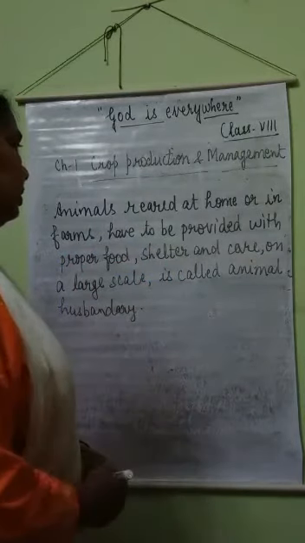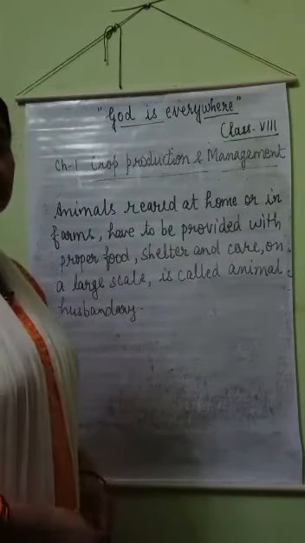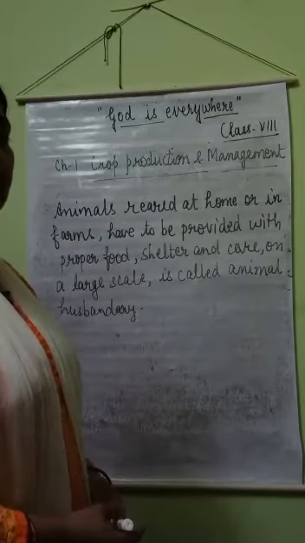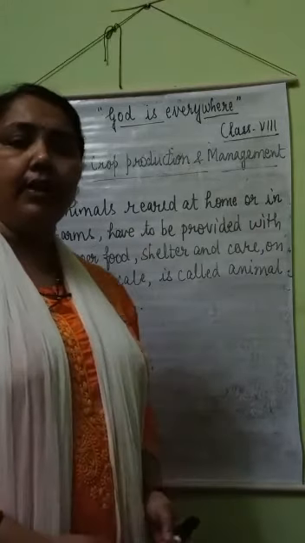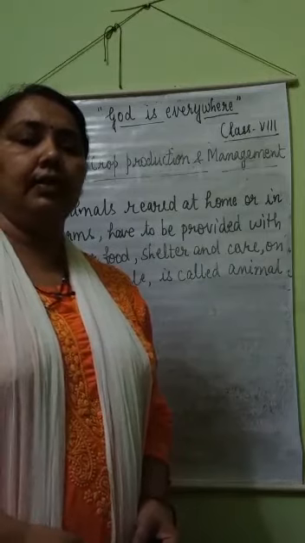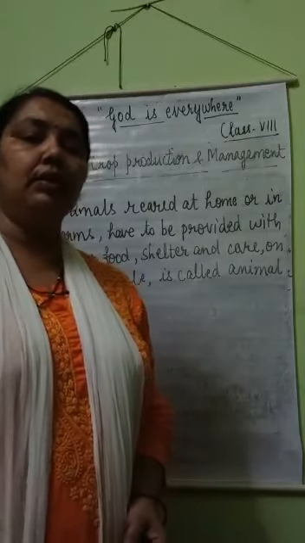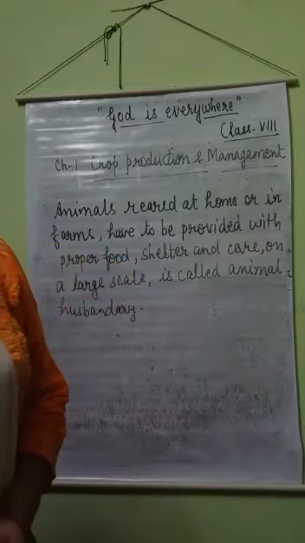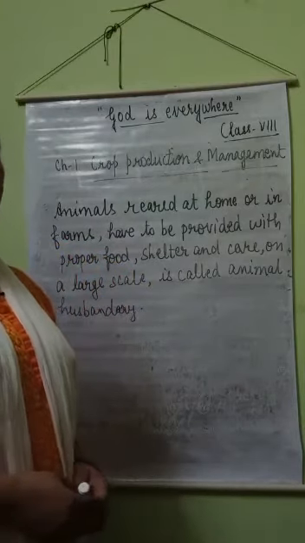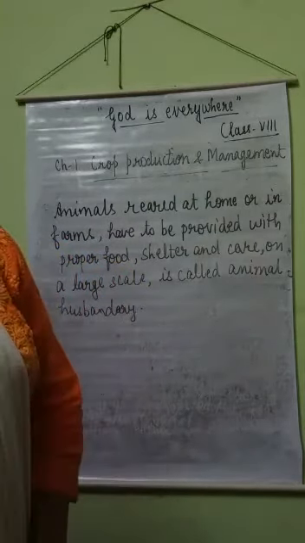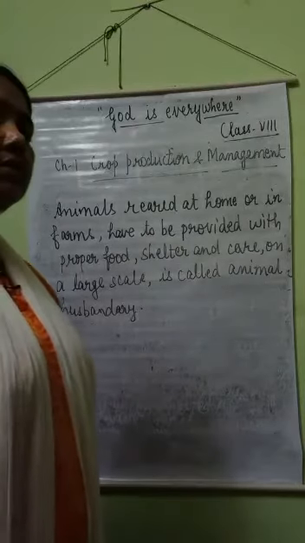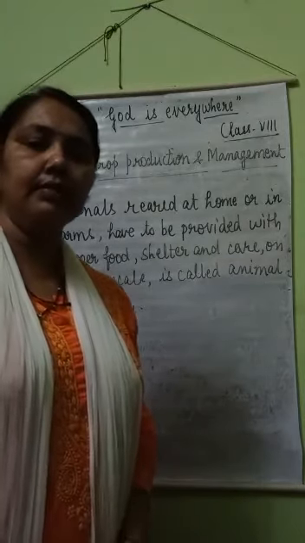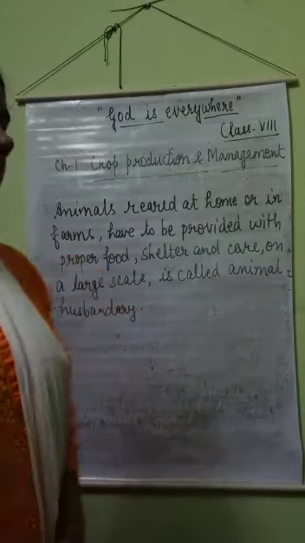Just like that, we also get honey from honey bees. So the rearing of honey bees on a large scale for honey is called apiculture, and the breeding, hatching or rearing of fish is known as pisciculture.